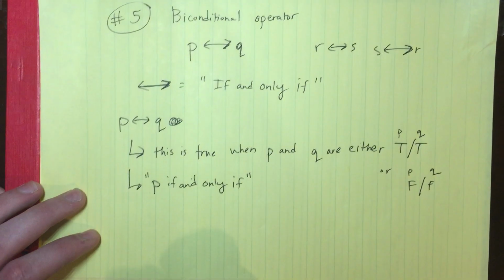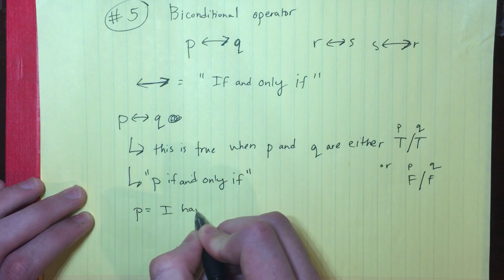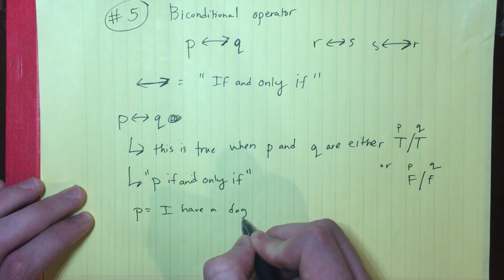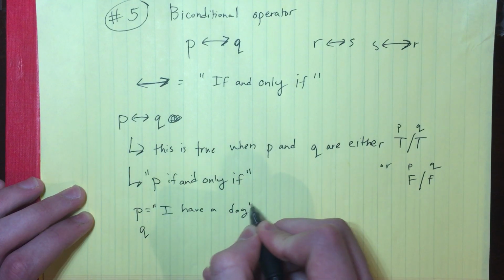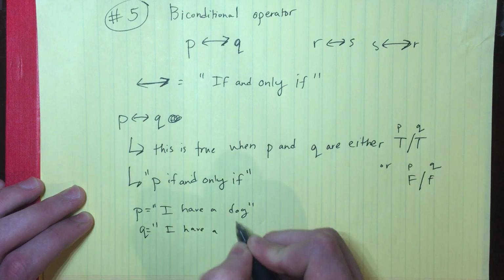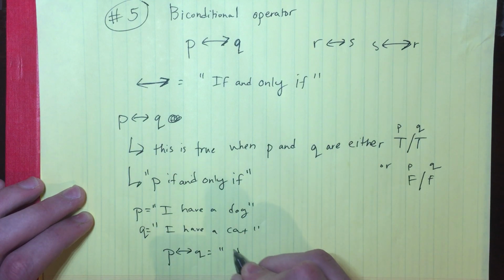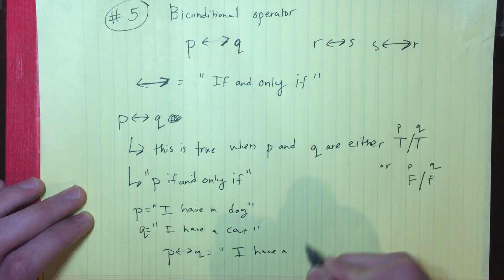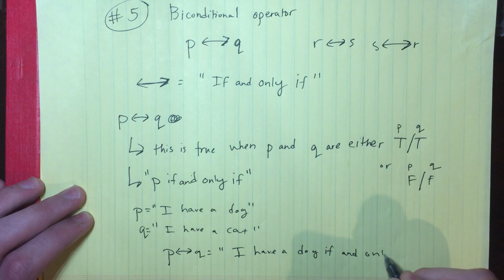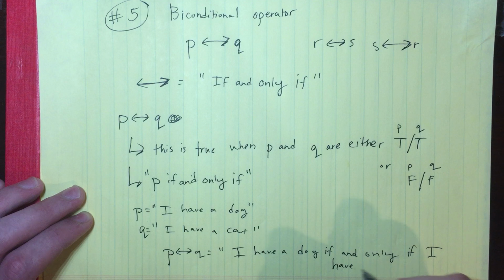So say P is I have a dog, and Q is I have a cat, then P if and only if Q is I have a dog if and only if I have a cat.